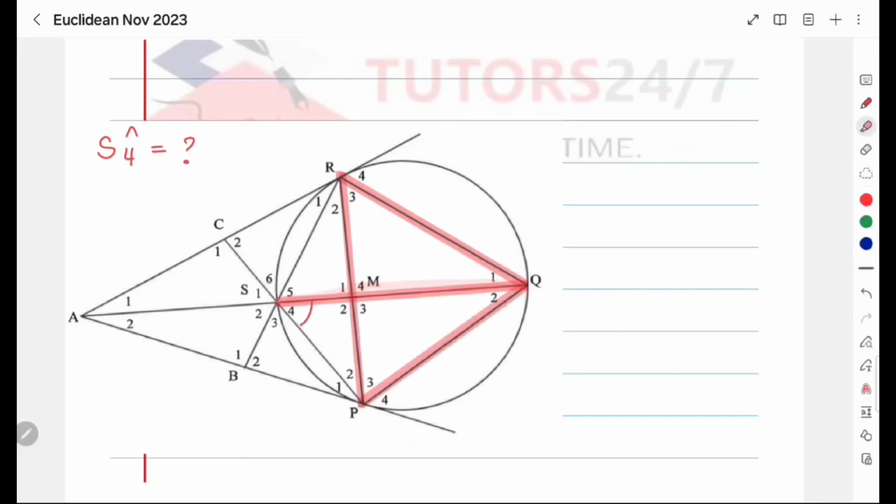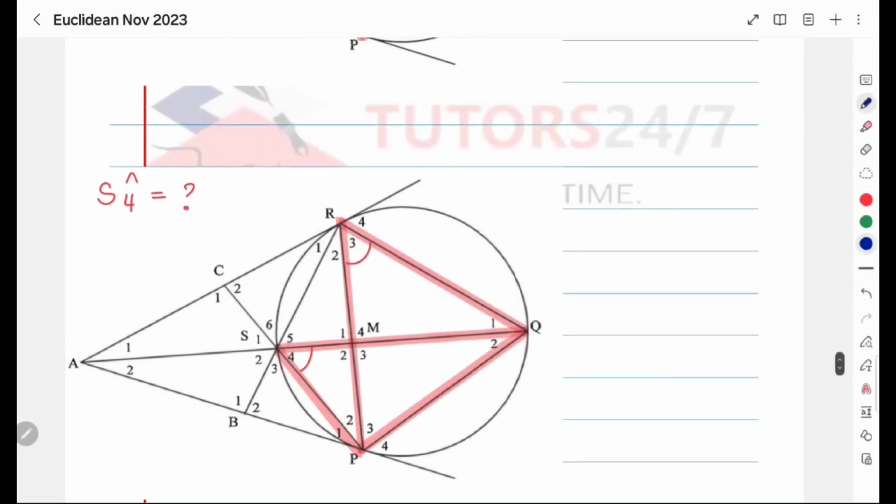The chord PQ subtends the angle R3 and it subtends the angle S4. So here we are going to state that S4 is equal to R3, angles in the same segment.